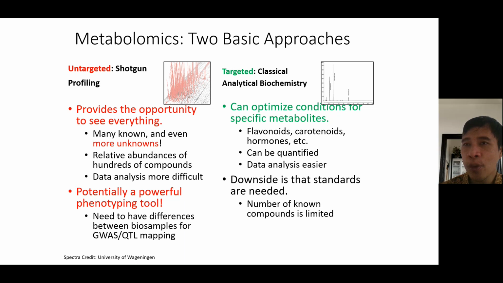So it's kind of confusing to analyze, to quantify, and to identify various metabolites. But when you deploy targeted, you just focus on a certain kind. For example, when you just measure carotenoid, you will get a single graph showing the level of carotenoid in your samples, and it can be easily interpreted later.